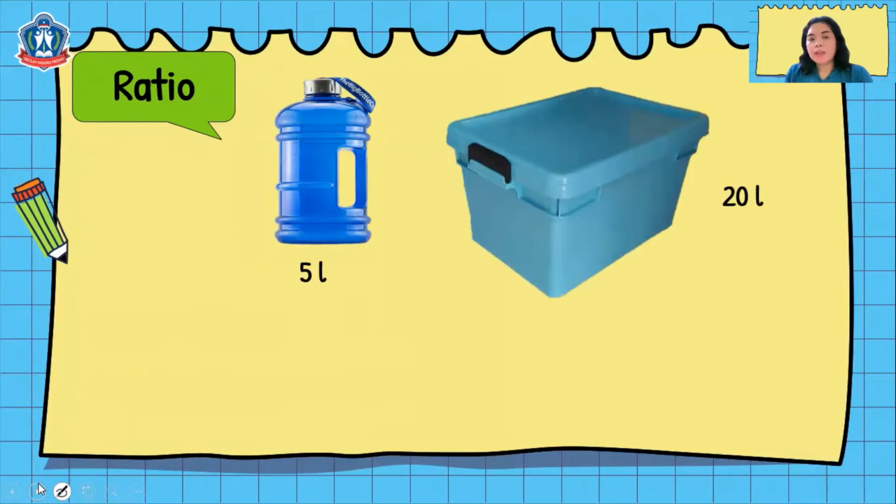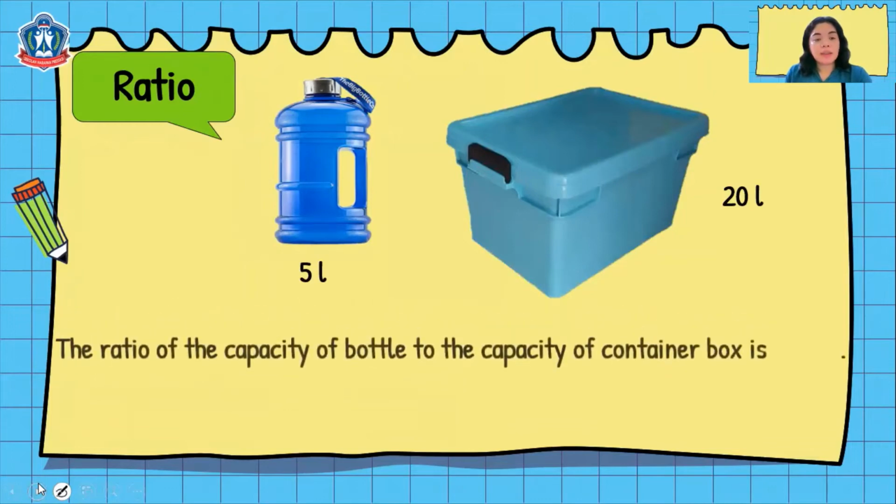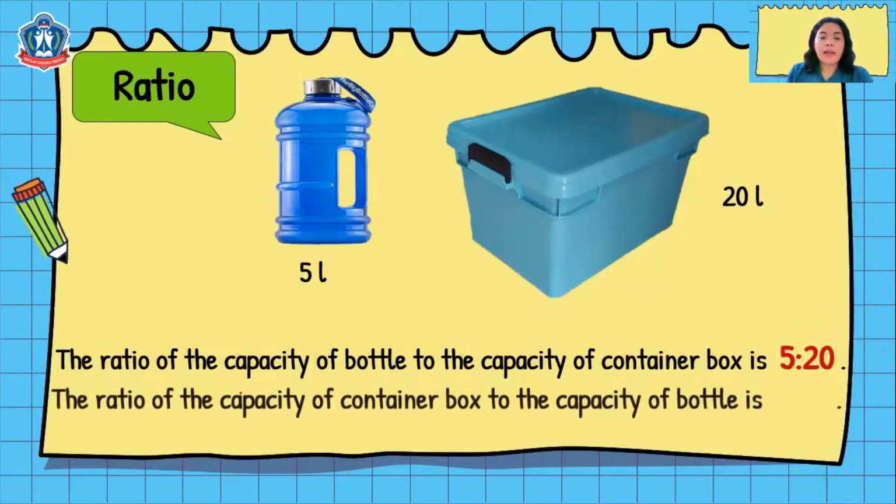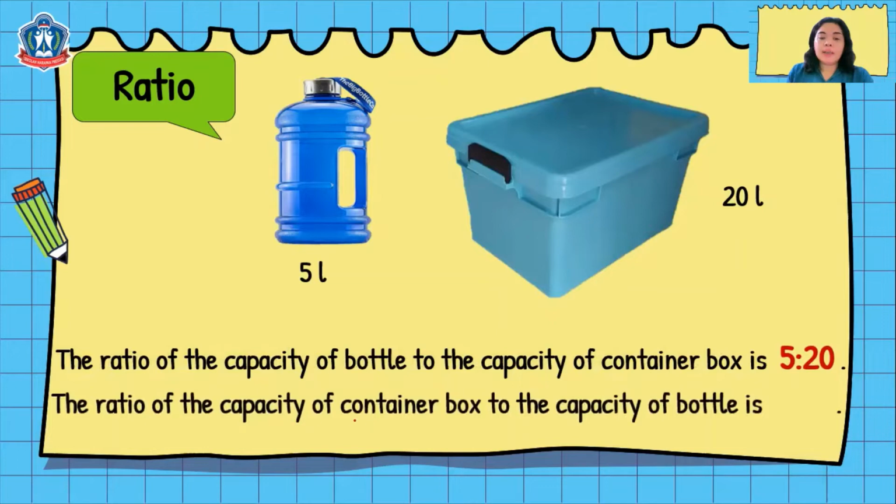If we are going to find the ratio of the capacity of the bottle to the capacity of the container box, we will say that it is 5 to 20. On the other hand, the ratio of the capacity of the container box to the capacity of the bottle is 20 to 5.